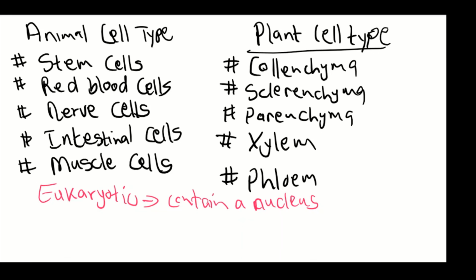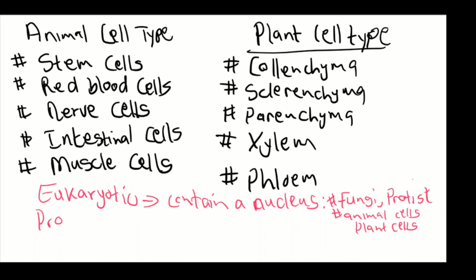And some of the examples, because it's not just animals and plants, we also have fungi, which are also eukaryotic. We have a protist, which are also eukaryotic. Let me just write animal cells and plant cells.